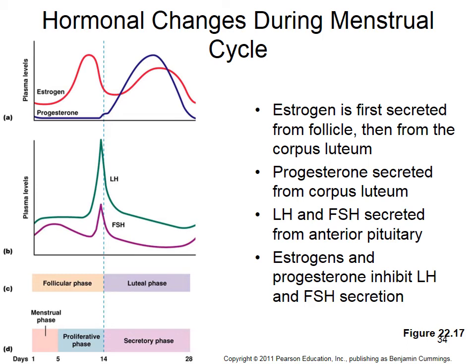Early on, luteinizing hormone and estrogen work by negative feedback, and then in the late follicular phase, they work by positive feedback. So we have a switch from negative feedback in early follicular phase to positive feedback in late follicular phase, and it's this luteinizing hormone surge, or LH surge, that causes luteinization or ovulation.